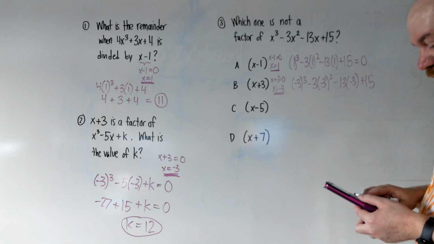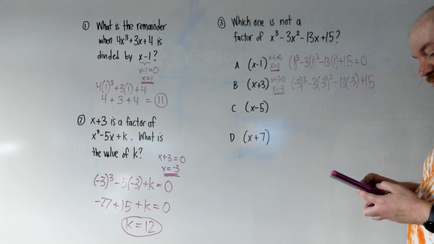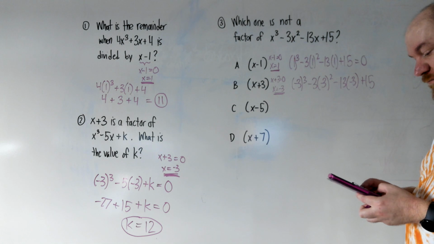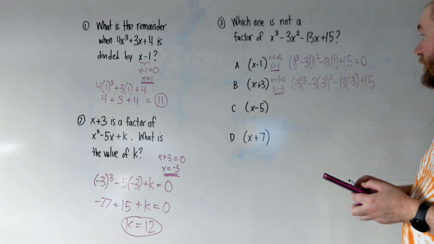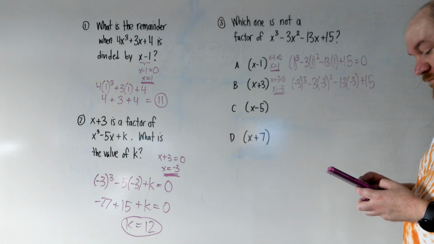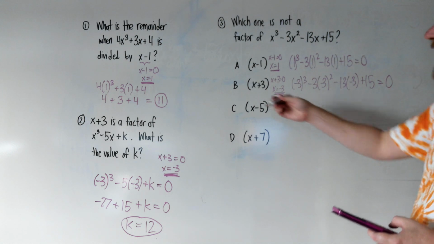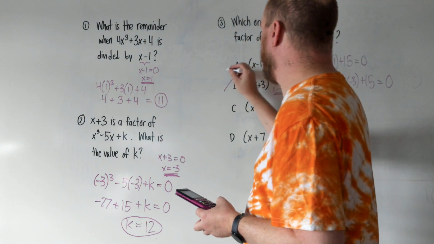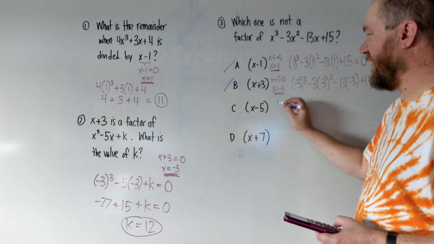Let's see what we get when we change all those to be negative 3. We got 0. So that one is a factor as well, so we can cross off those two.